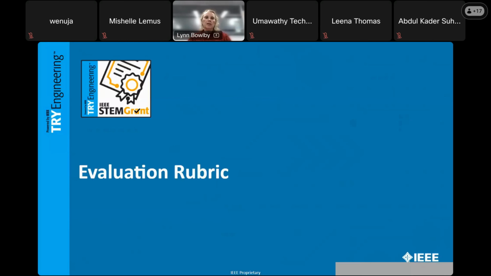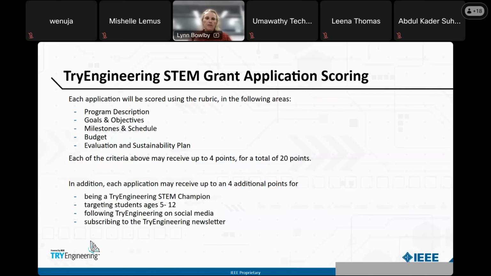So here's where we get into a lot of the detail that might help you when you're writing your application. There is an evaluation rubric that our reviewers use as they're reviewing your application. Each application will be reviewed by 3 reviewers, to be fair, so the scores are spread out amongst 3 judges to have more of an average of the score for your application.